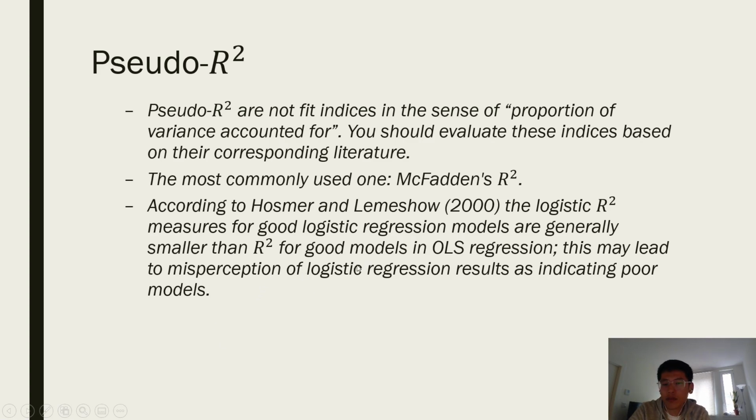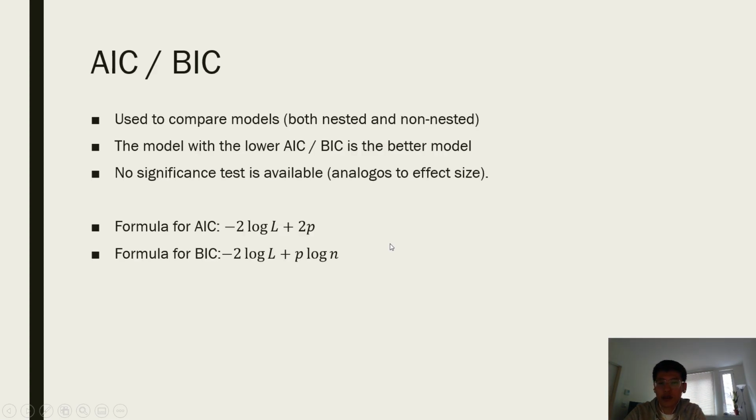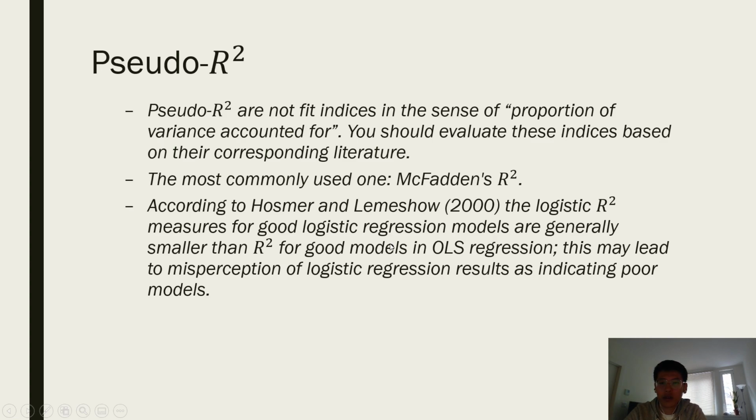You can see that later, but in our example, our pseudo R square is very small, so it might indicate some bad model fit. Okay, so this is the pseudo R square, which is the second one.